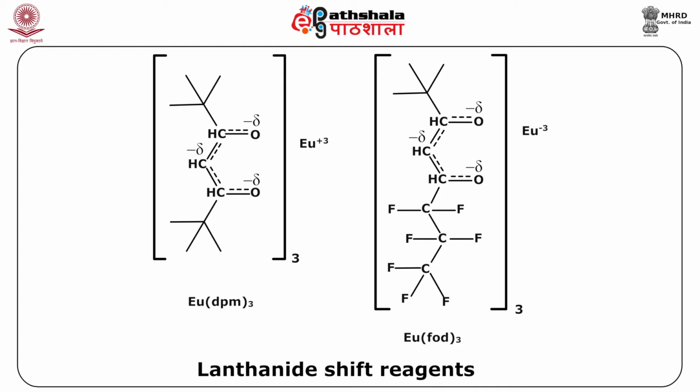Also you can just abbreviate it as Eu(FOD)3. And another one is tris(dipivaloylmethanato)europium, or you can abbreviate it, students, as Eu(DPM)3.